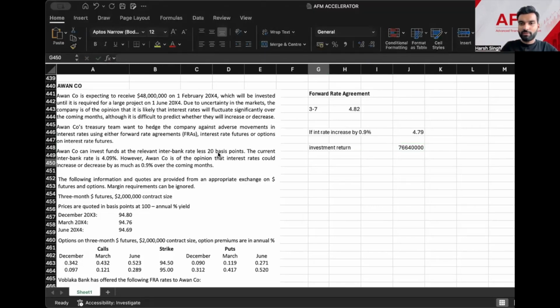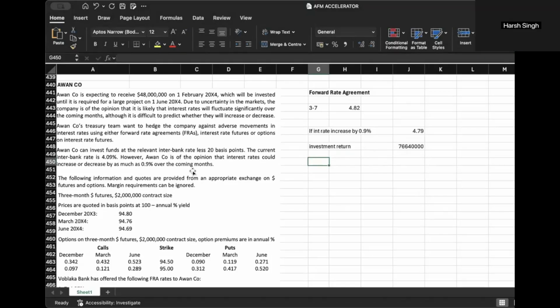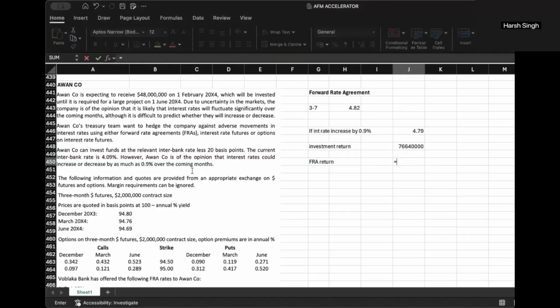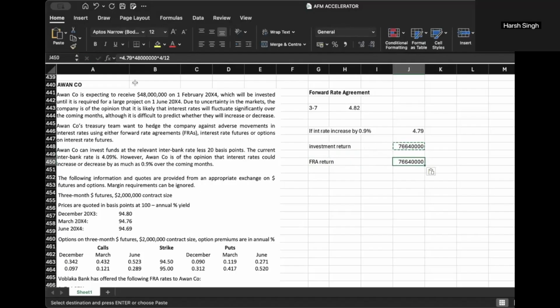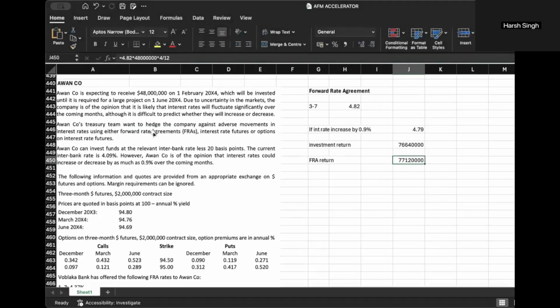Now, with the help of FRA, we can fix the rate at 4.82, correct? So I'll do one thing. I'll copy this one, paste it over here, and make it 82 instead of 4.79. I can directly do that. But the interest will change, right?